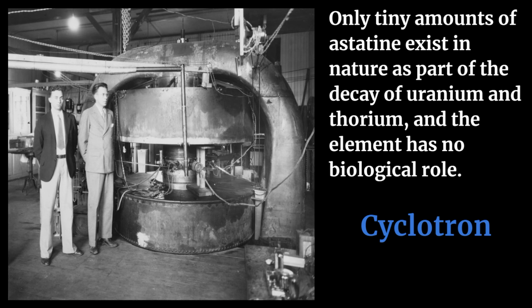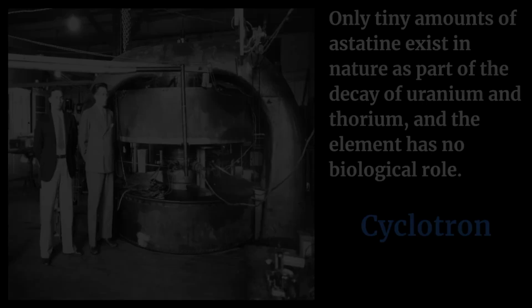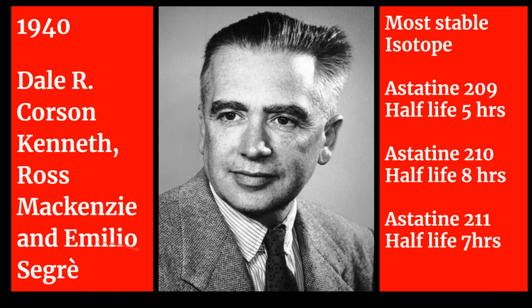The isotope astatine 211 has found its use in recent times in radiation therapy for cancer, in particular prostate cancer and melanomas. However, once the astatine is produced, it has to be used very quickly due to its short half-life. Like iodine, astatine is collected by the thyroid gland in the neck.